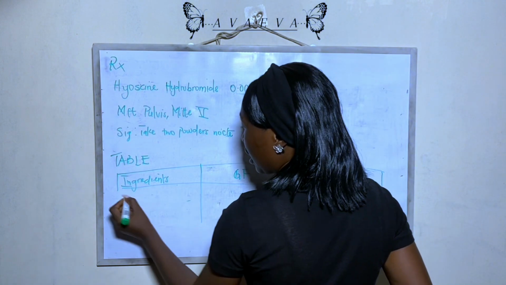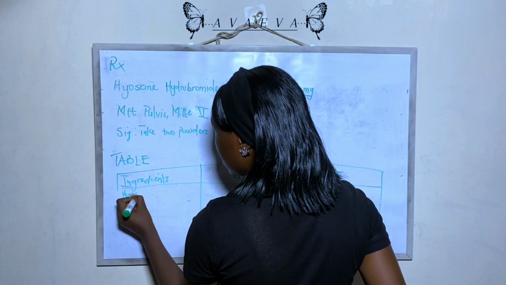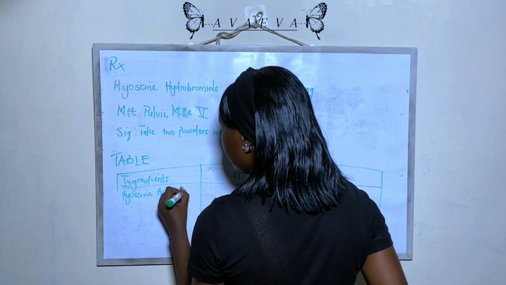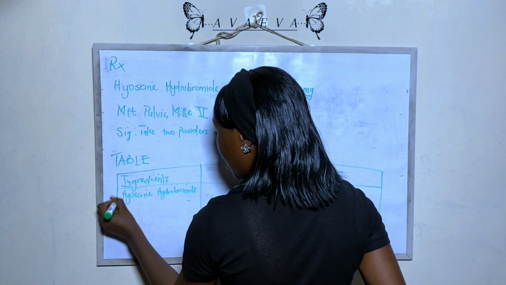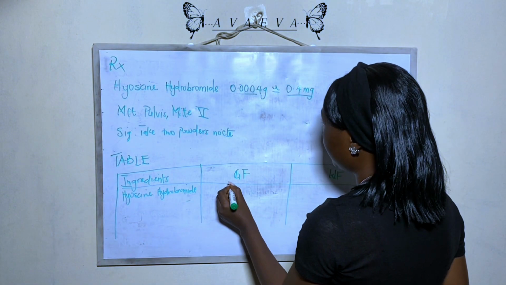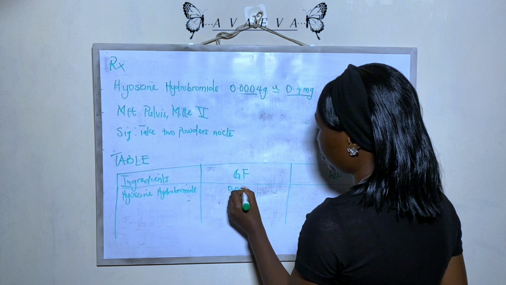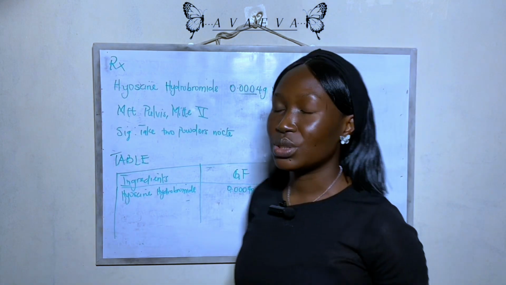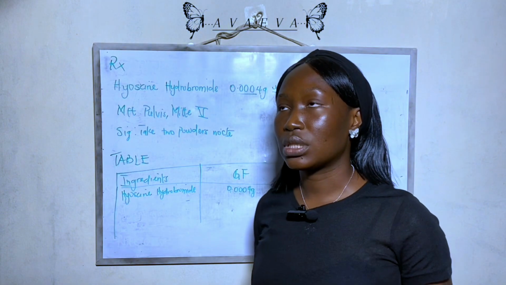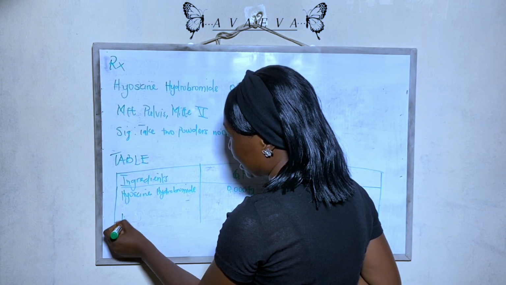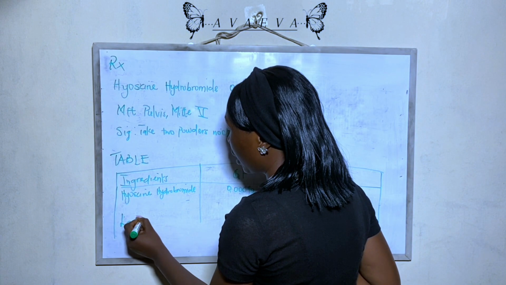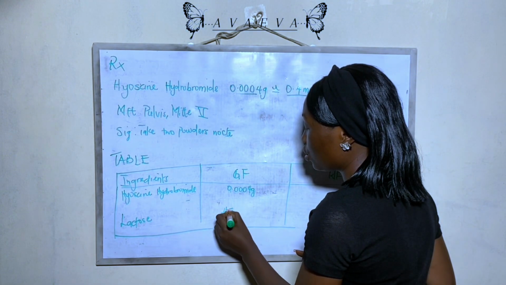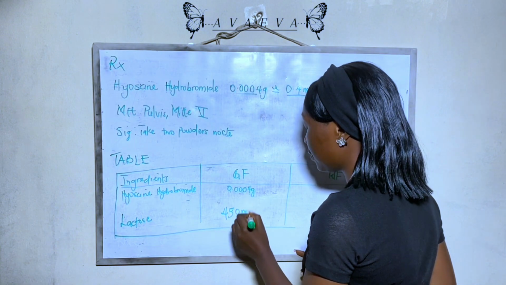Now for ingredients, you have your hyoscine hydrobromide, and you have 0.0004 grams. Now what you need next is lactose. Lactose is like a bulking agent which is needed anytime you are preparing a divided powder. And for lactose, usually we use 450 milligrams.